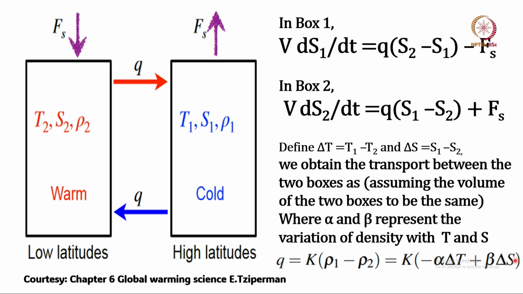Alpha is the rate of change of density with temperature, beta is the rate of change of density with salinity. So, density of water can change both due to temperature and salinity, and we accounted for both these factors.